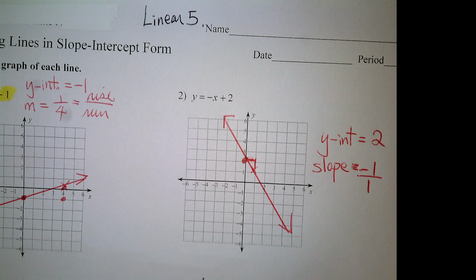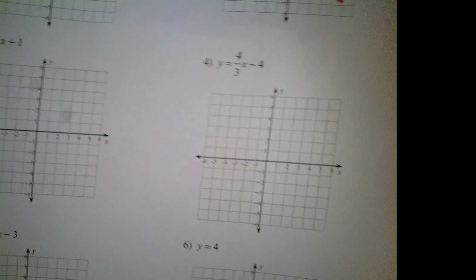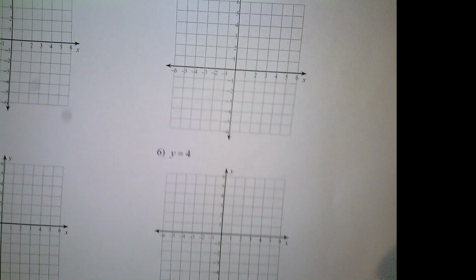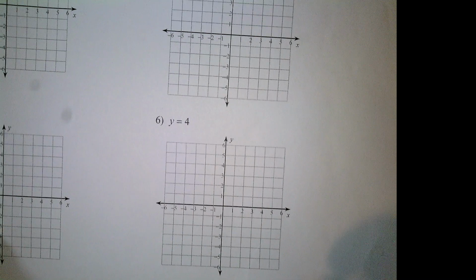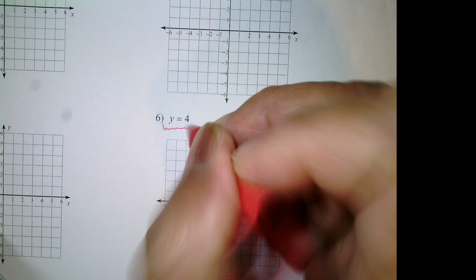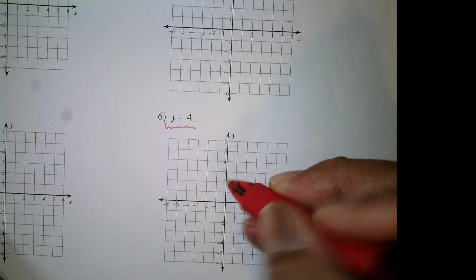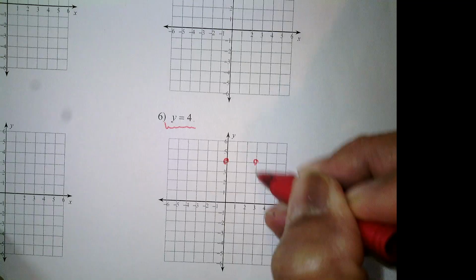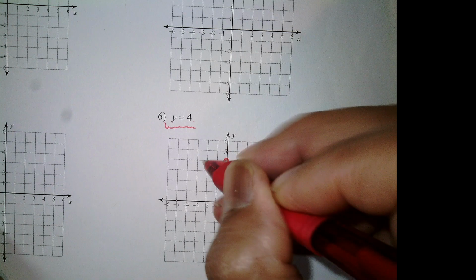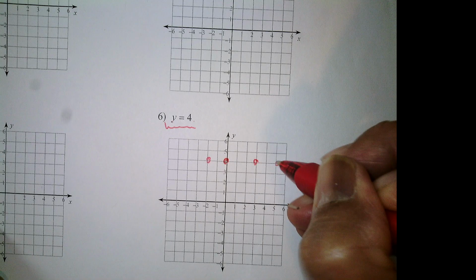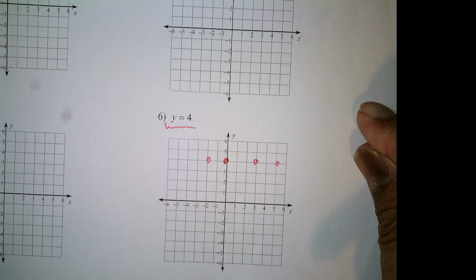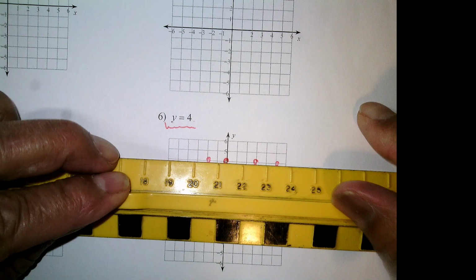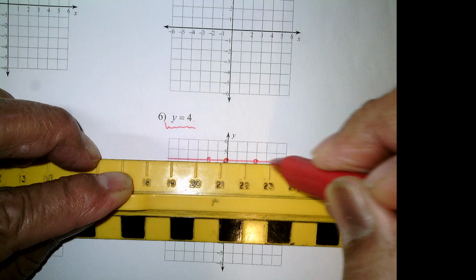Okay? But 2 special questions. Number 6. So y equal to 4 means y always equal to 4. So 4 is right here. Y always equal to 4. 4 is right here. 3, 4, and here, and here. So, as a matter of fact, you are going to draw a line which will satisfy this condition.